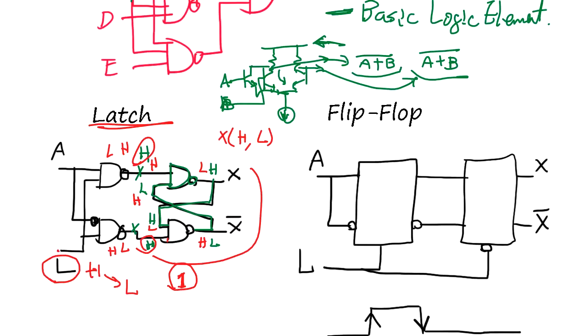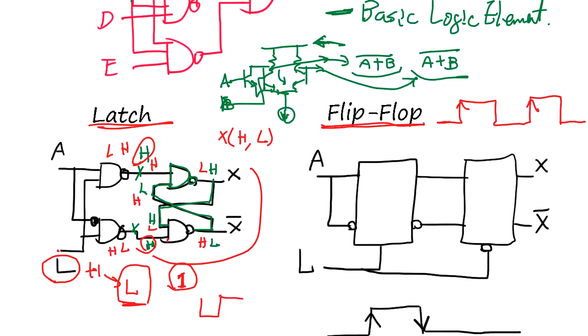Now there's a flip-flop. The reason why we need a flip-flop is you have a clock and you want it to store the data at the rising edge. Latch is level control. When this is low, it's holding. High, it's not holding, and low, it's holding. But you want to make it edge control.